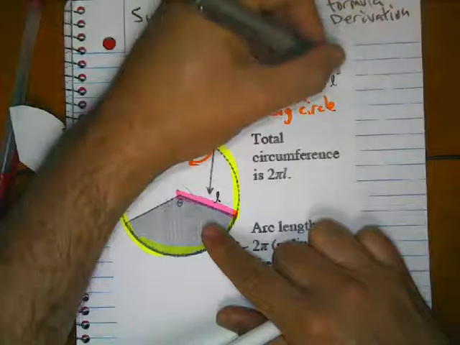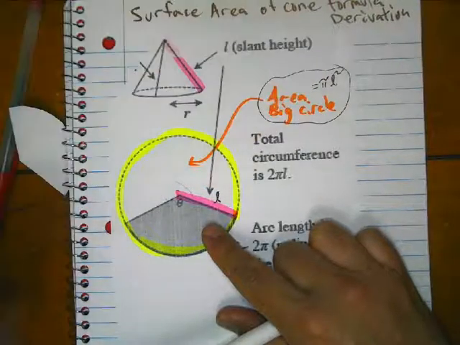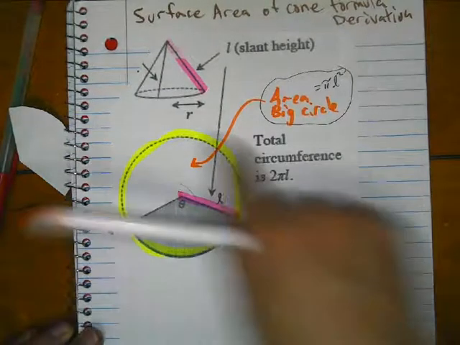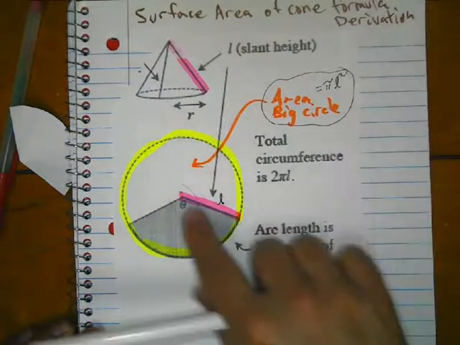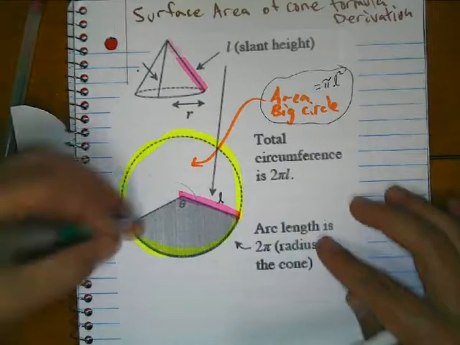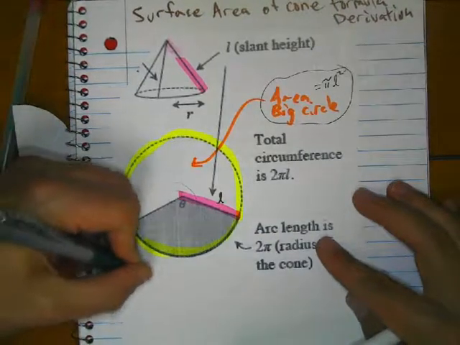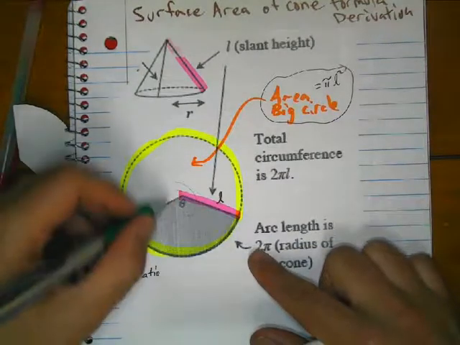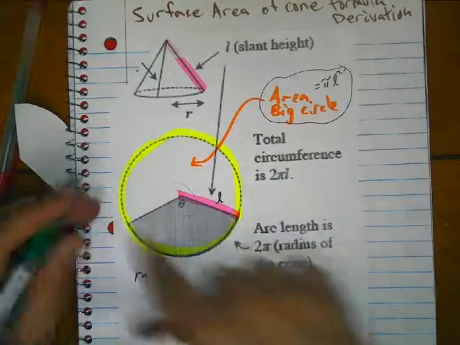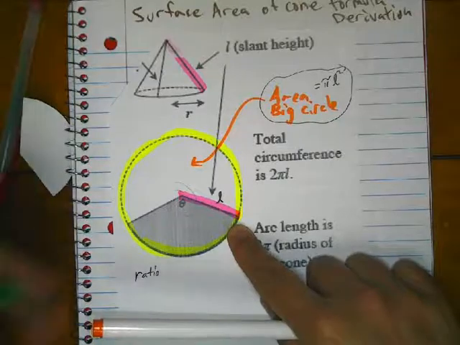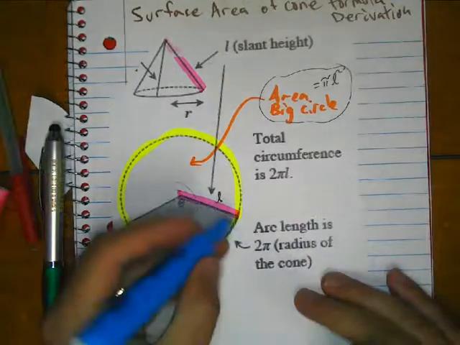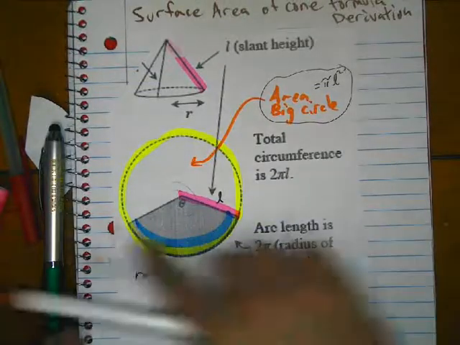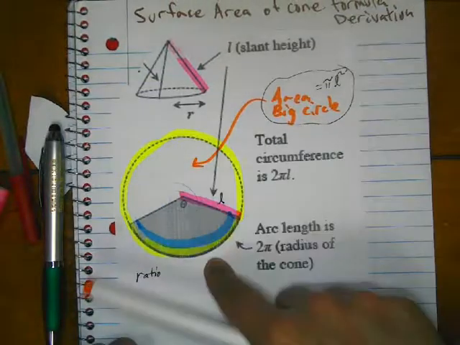Because this is the radius of the big circle, it's pi r squared. Now we need to figure out the ratio. The ratio is equal to this blue line divided by the yellow line.